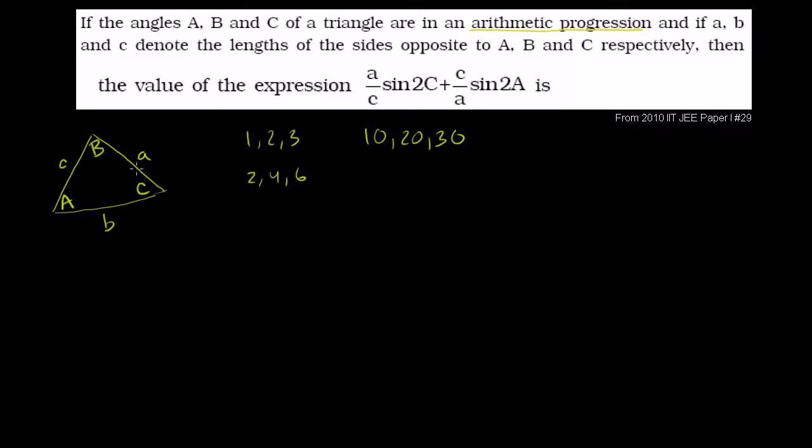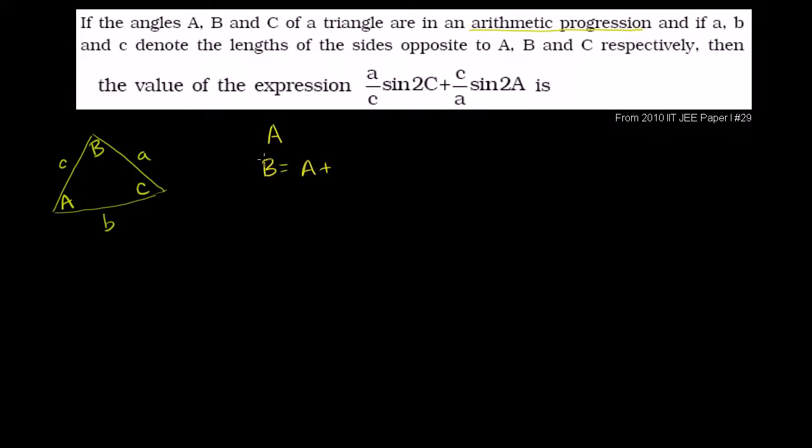So all they're saying is that to go from angle A to angle B, however much that is, it's the same amount to go from angle B to angle C. So let's see what that tells us. We have angle A, and then angle B. So B is equal to A plus some constant.